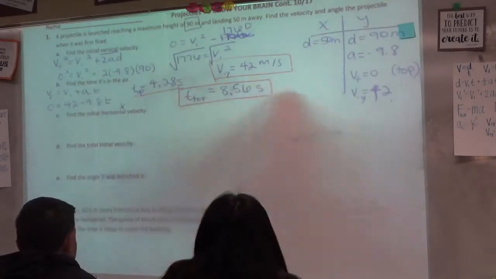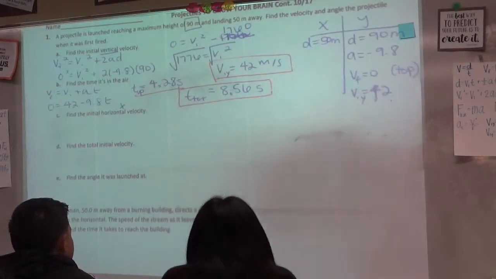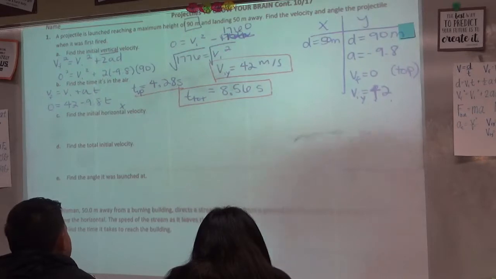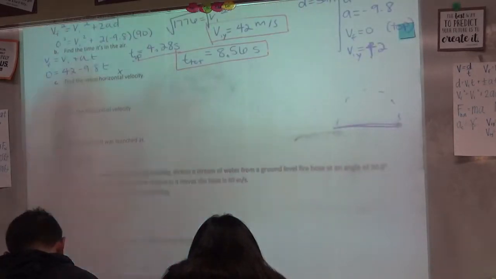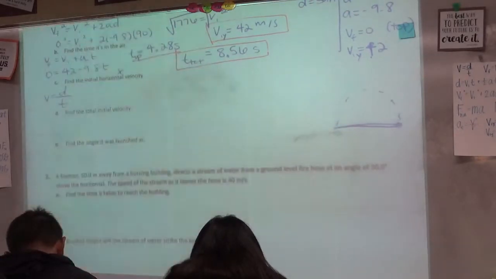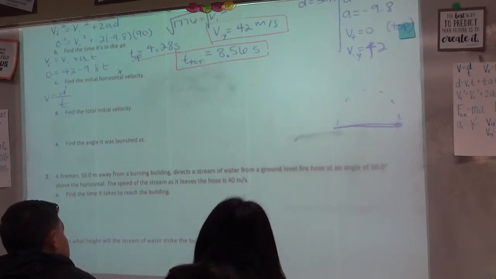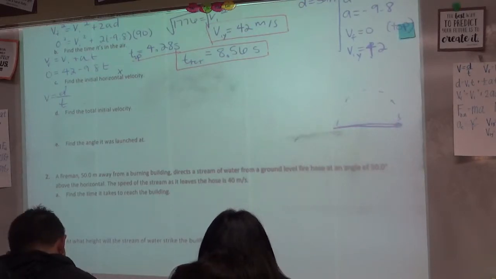Which time would I use? TF or T total? Total, because that is how far away it is when it lands. So that's the total time it's in the air. Good. Plug in. Get your V.